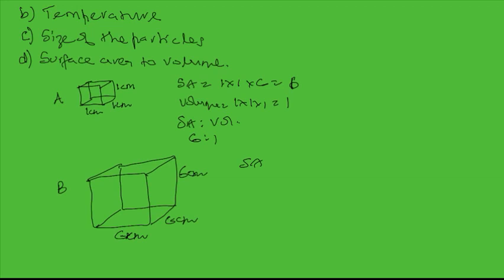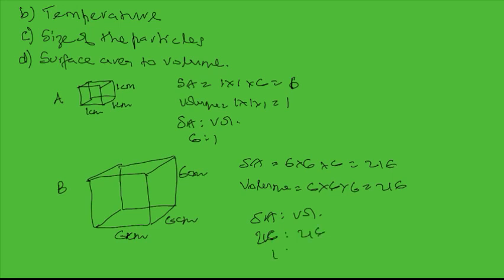This gives us a surface area of 6 times 6 times 6, that gives you 216, and volume of 6 times 6 times 6 giving you 216. Hence, the surface area to volume ratio is 216 to 216, which is equivalent to 1:1. So you see that the surface area to volume ratio of cube A is larger than that of cube B.